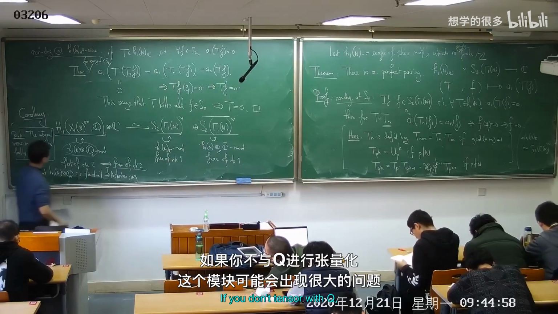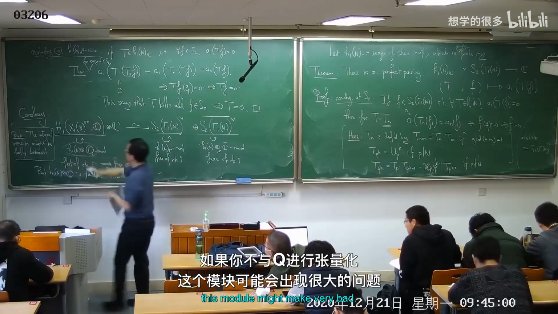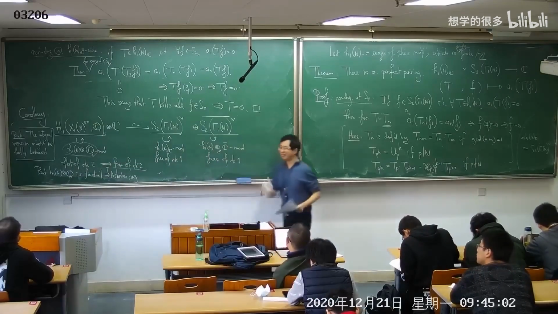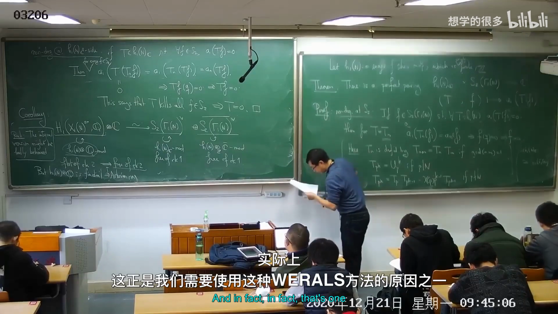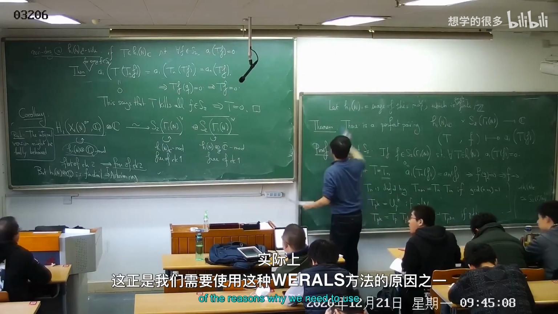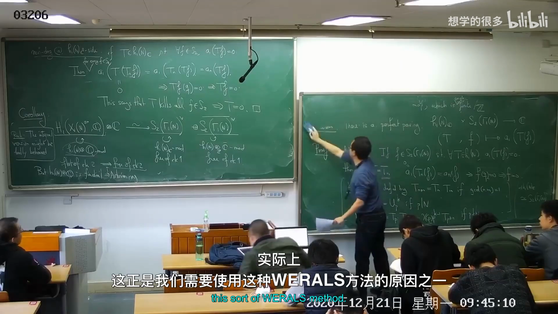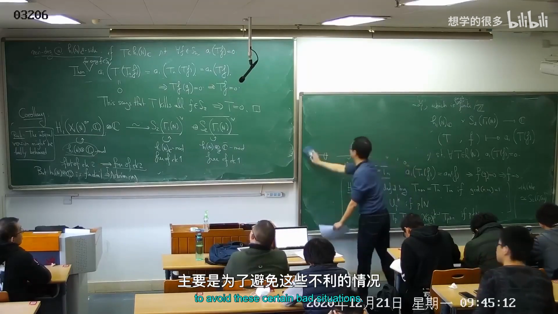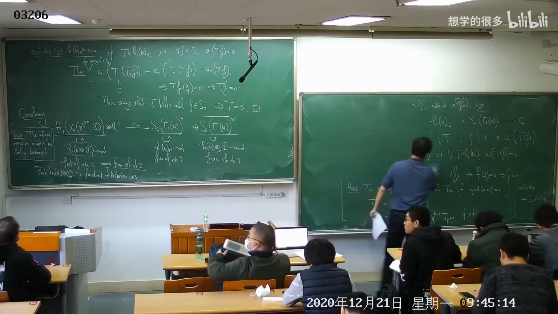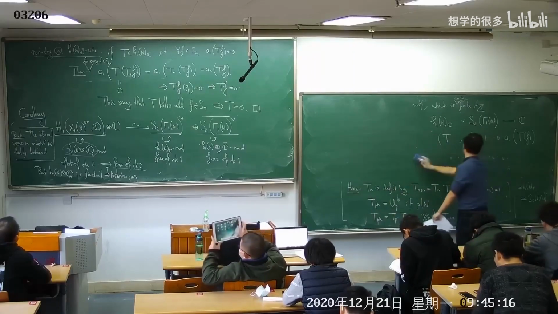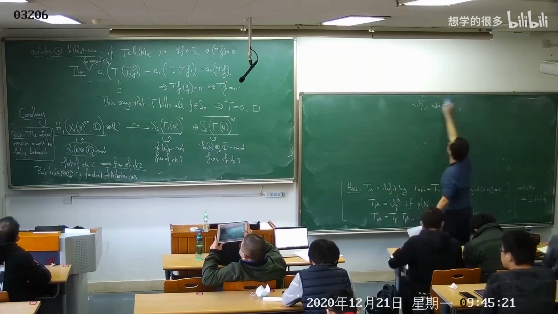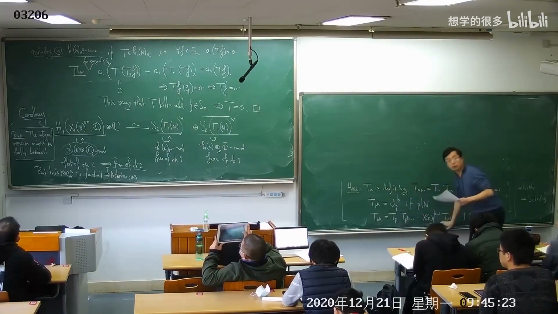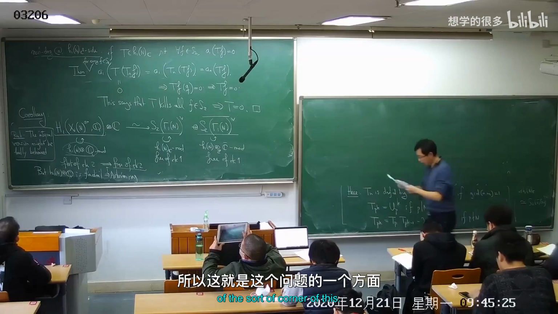If you don't tensor with Q, this module might be very bad. In fact, that's one of the reasons why we need to use this sort of Taylor-Wiles method, just basically to avoid these sort of bad situations. So here's one of the corollaries of this.